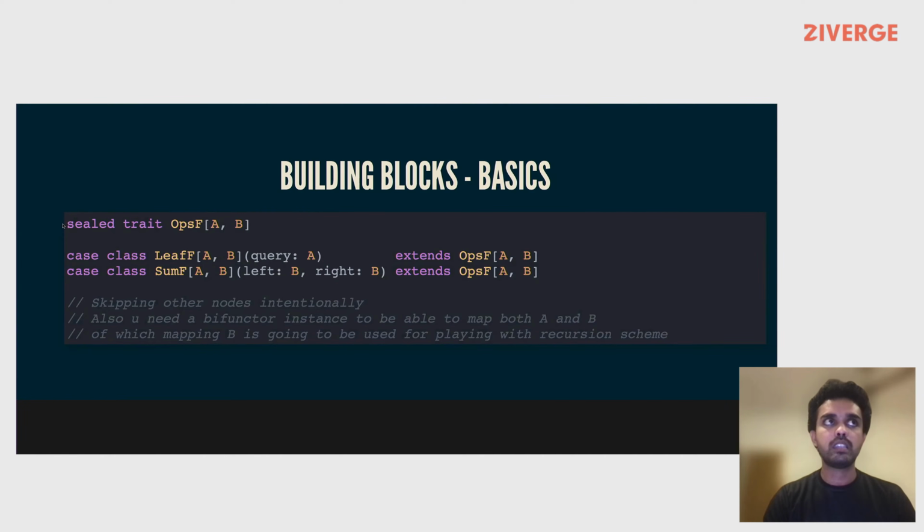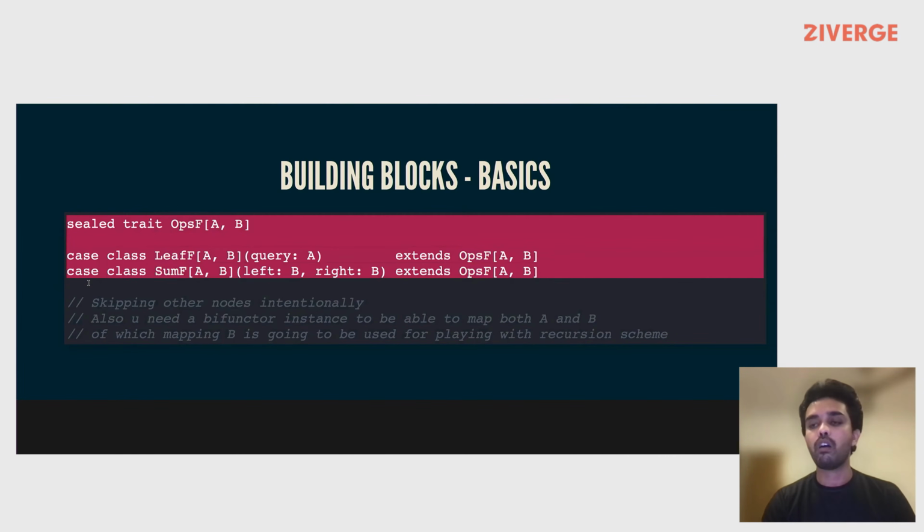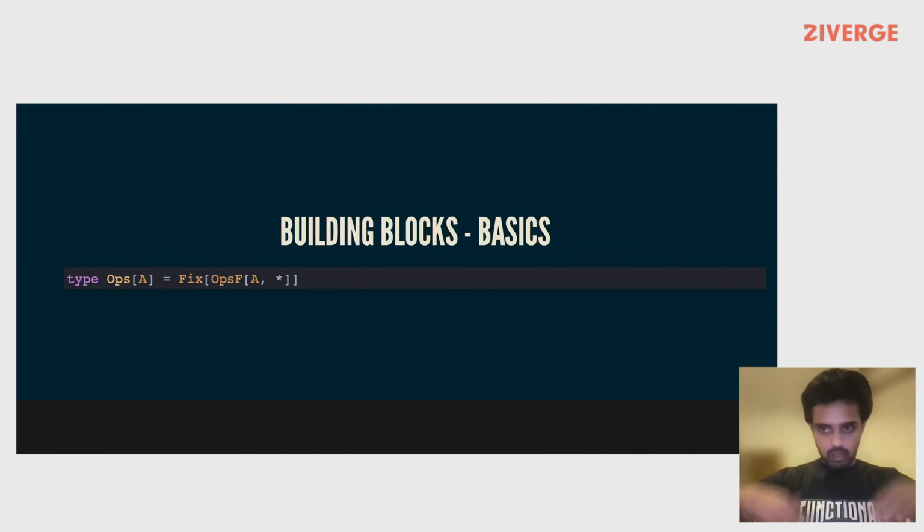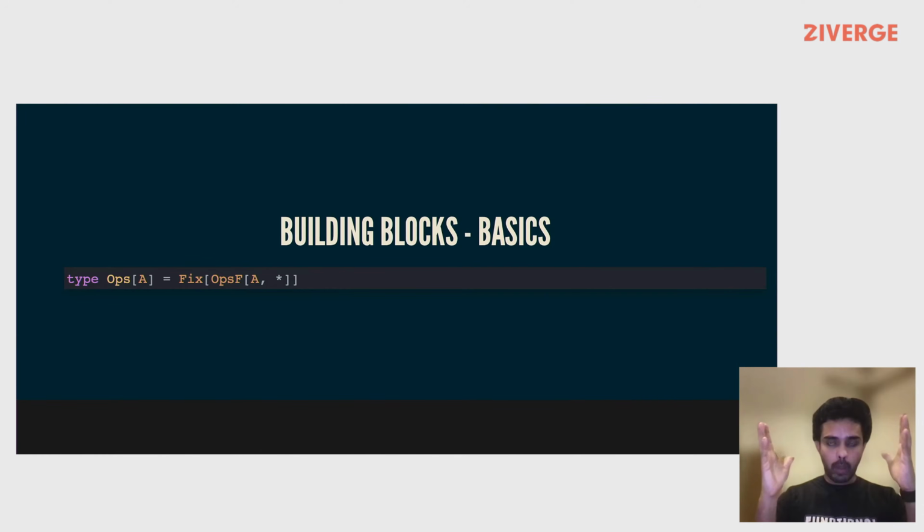So this can easily have an instance of a Bifunctor, because you need to be able to map both the A and B, of which you need to map B for recursion scheme morphisms. So type Ops is the original Ops. Recursive Ops is basically Fix of non-recursive OpsF. So we've got the original Ops back.